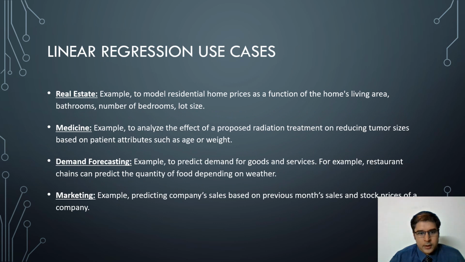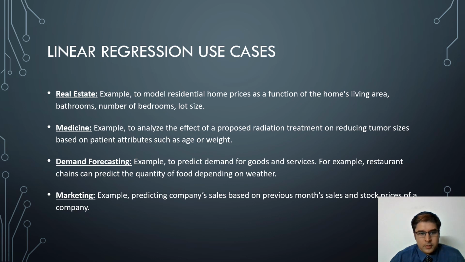Now we see the linear regression use cases in detail and their examples. First example is real estate. For example, to model residential home prices as a function of the home's living area, bathrooms, number of bedrooms, lot size, etc., we can get the home price, which is a function of all these criteria.